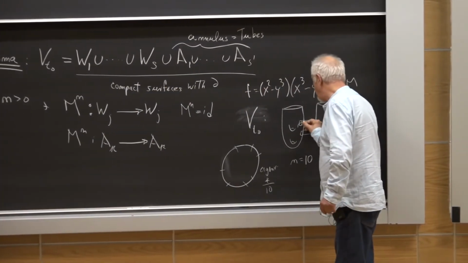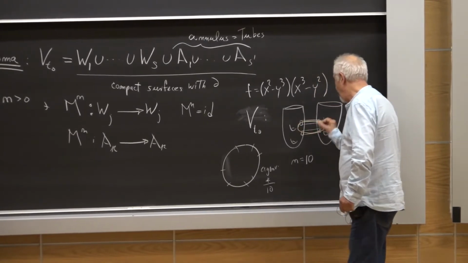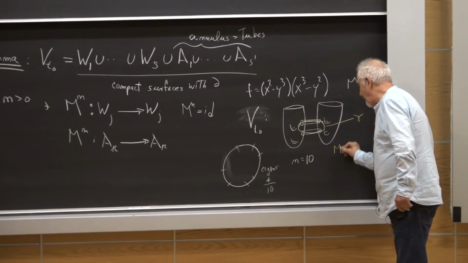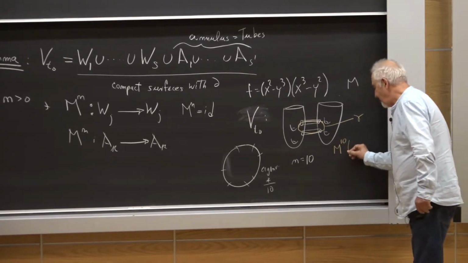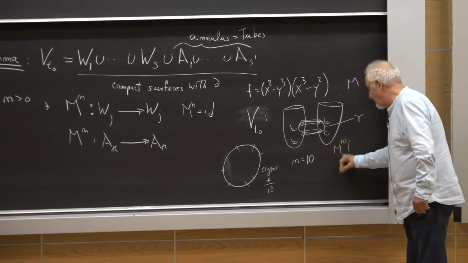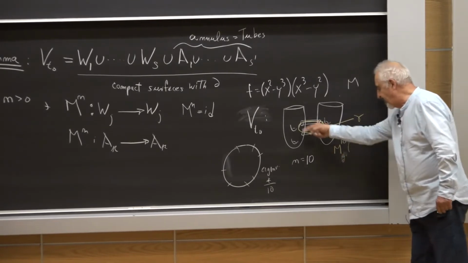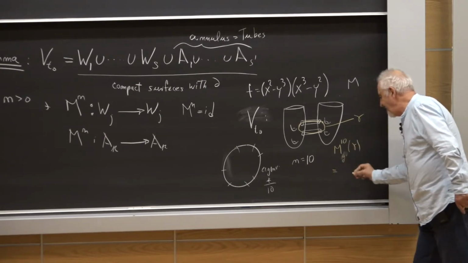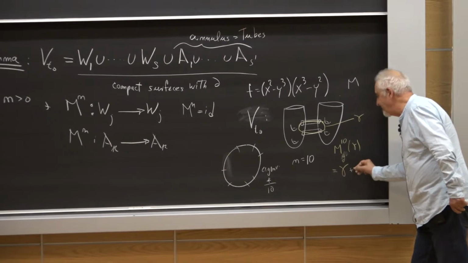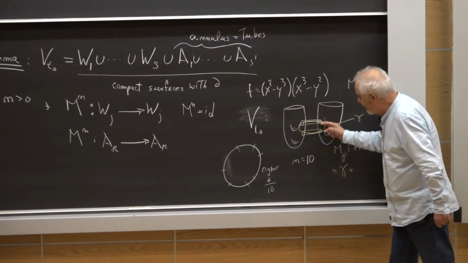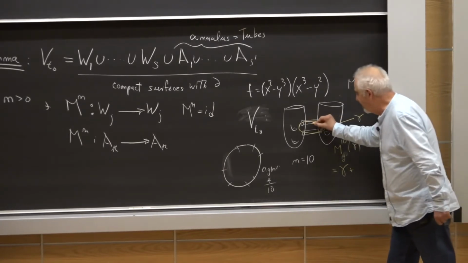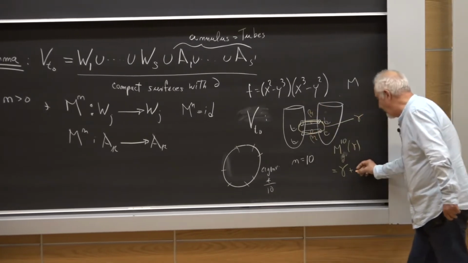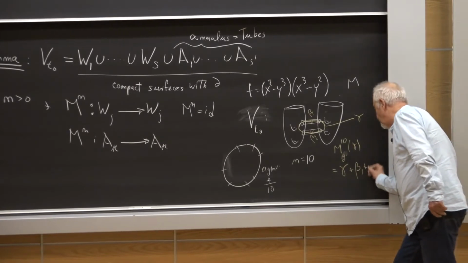So we take this special loop, and if we call this gamma, if I do M^10, algebraic, or even geometrically, so geometrically M_G^10 applied to gamma, I will obtain gamma plus, it goes once around here, so let's call this beta 1, and this other beta 2, so I obtain gamma plus beta 1 plus beta 2.